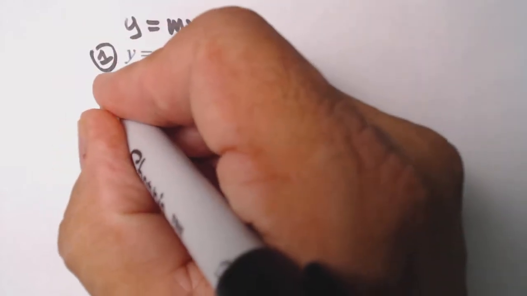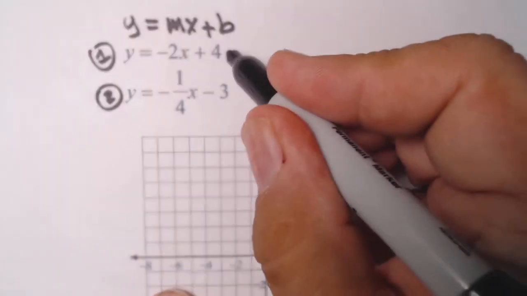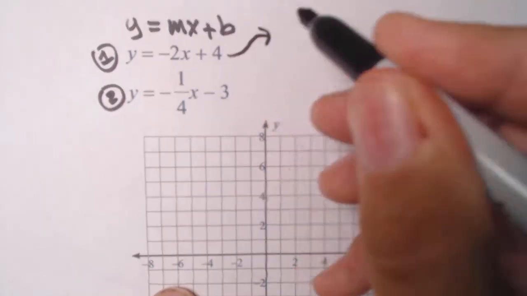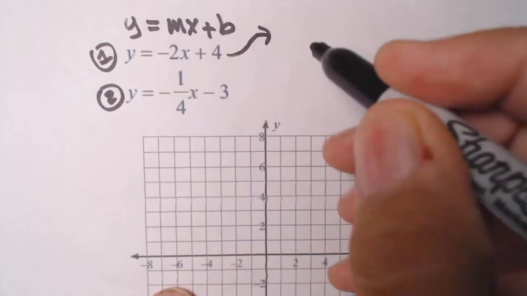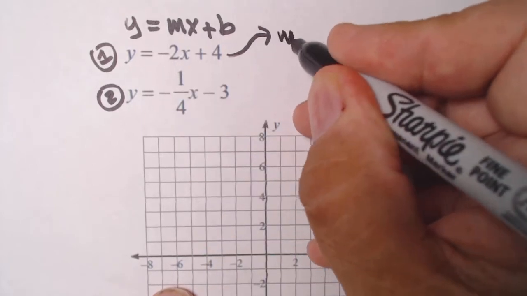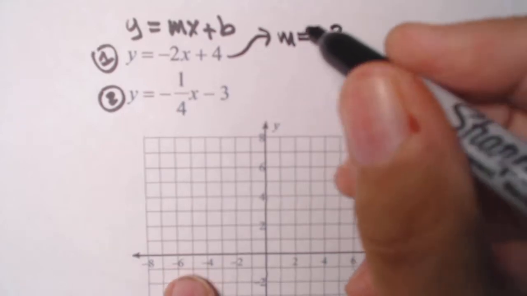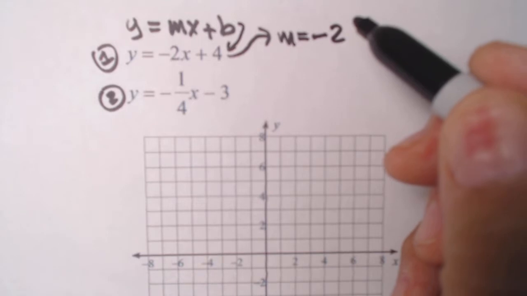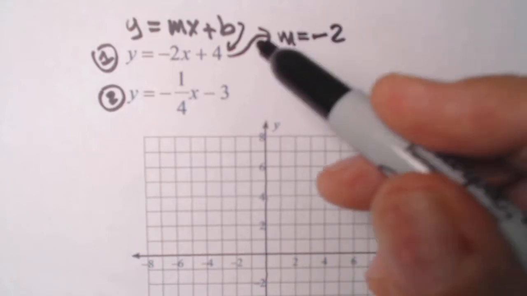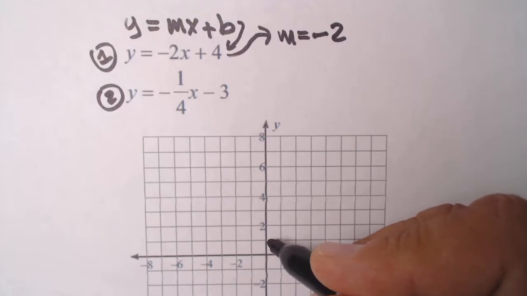So I'm going to call this my equation number 1 and my equation number 2, because I'm going to graph them both here. And so here's the information on this. Equation number 1, the coefficient in front of the x is -2. So m equals -2. The b is simply +4. Remember the b is the y-intercept. So where is this guy going to start?